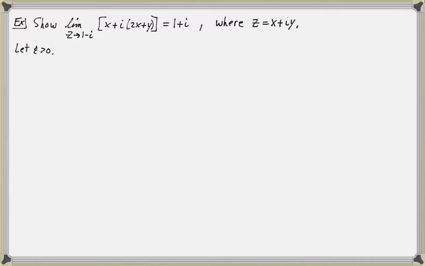So first let's let epsilon be greater than 0, and we need to decide what we're going to let delta be to show that this limit is true.